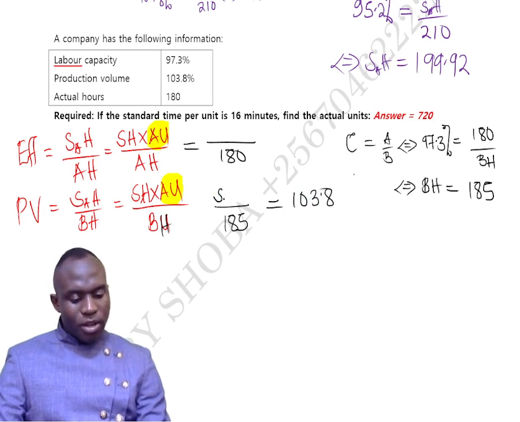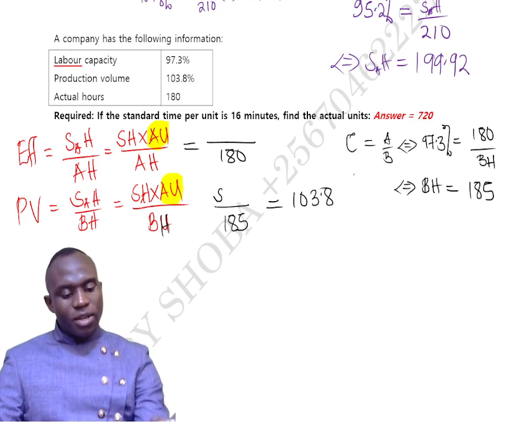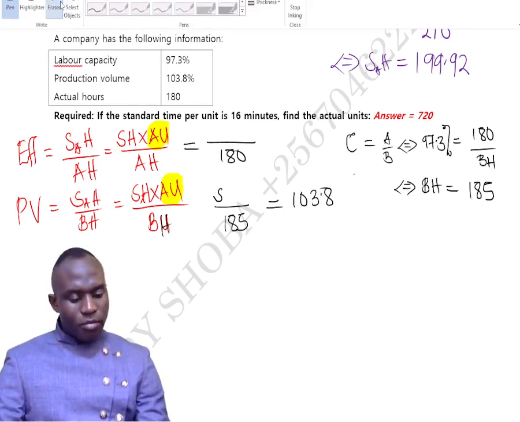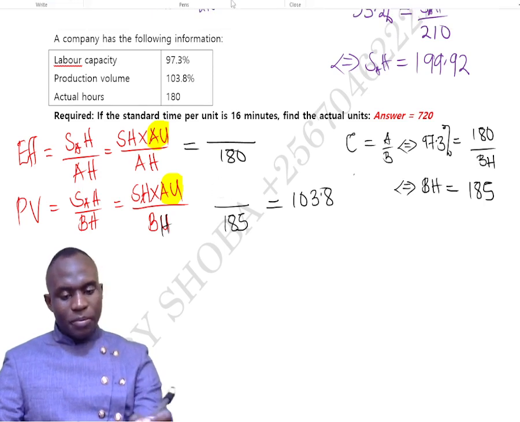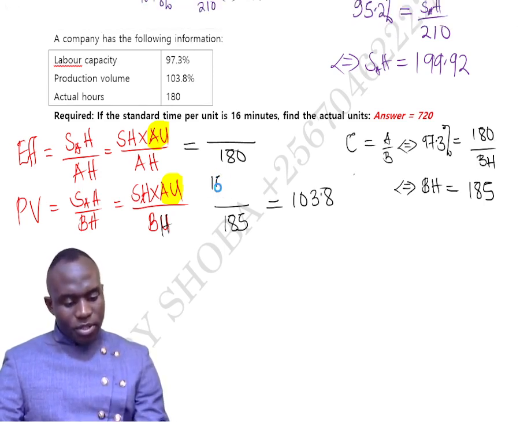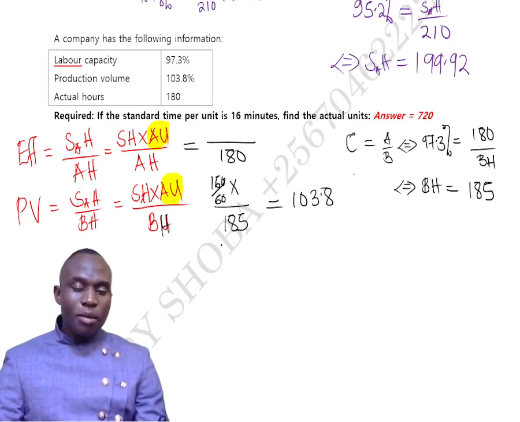It means standard over budgeted, and we have the standard time, which is 16 minutes. So we need to convert 16 minutes to hours. So this is 16 out of 60. Now that is the time per unit, then times your actual units.